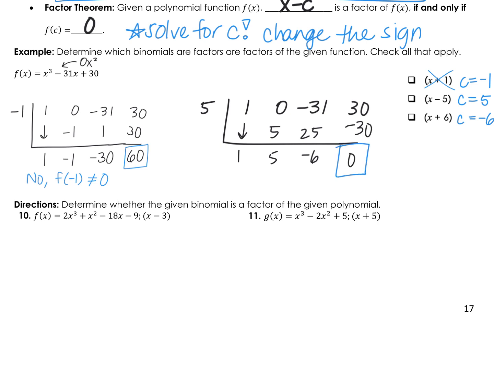You should get x minus 5 is a factor. Yes, because f of 5 is 0. Look at that right there. This one is 60, which is why it's not. So this is a yes. It's checked all that apply. So keep going. Do it with -6 as well.